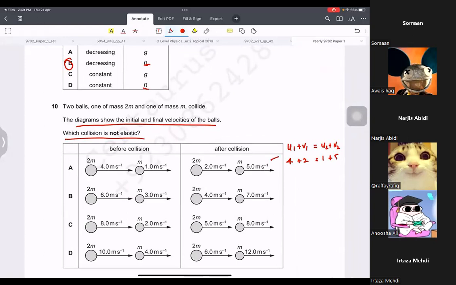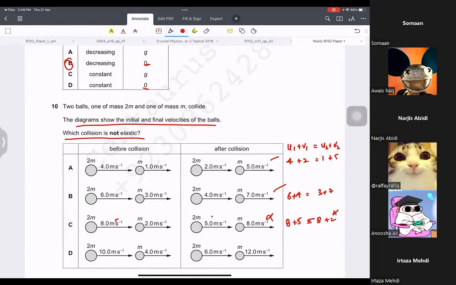Okay, then let's check this one. 6 plus 4 and 3 plus 7, 10 and 10, elastic. 8 plus 5 and 8 plus 2: 8 plus 5 is 13, and the other is 10.